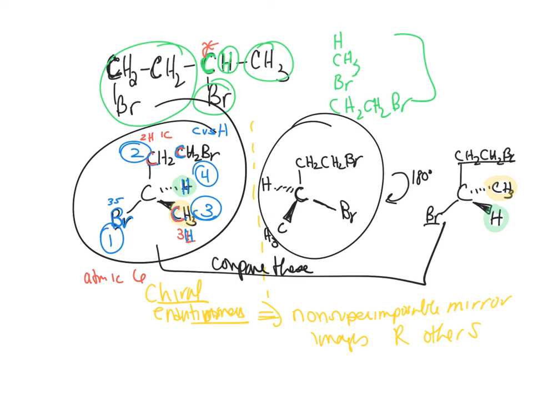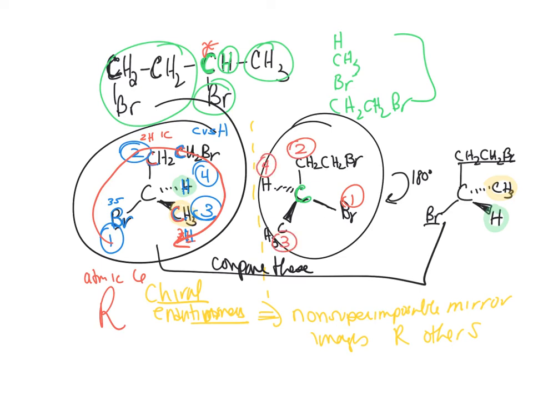Second step is you connect the 1, 2, 3. You turn the steering wheel. R. So this is your R enantiomer. Okay, let's do this over here. Here's your carbon. Bromine gets 1. This gets 2. CH3 gets 3 and H gets 4.